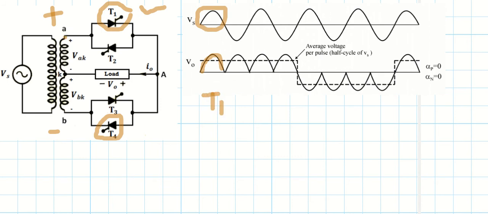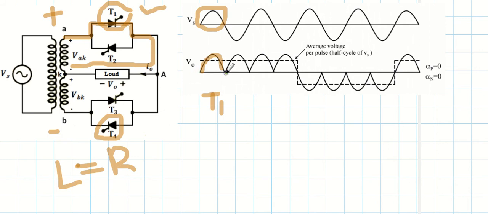And what will happen? The current will start from A through thyristor T1 into the positive terminal of the load, like this one. Sorry, I forgot to mention, since our load is purely resistive, the output will be like this one.